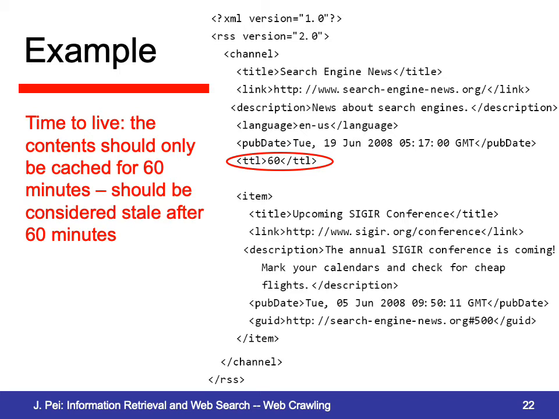This is time to live, meaning the contents should only be cached for 60 minutes and should be considered stale after 60 minutes. So in this XML document, it tells the crawler that every 60 minutes it should try to revisit this site and obtain the updated information.